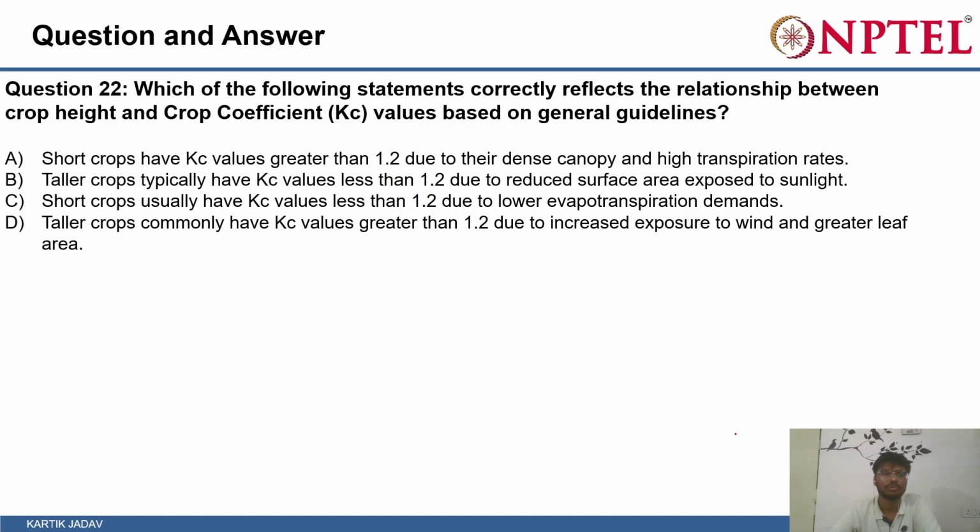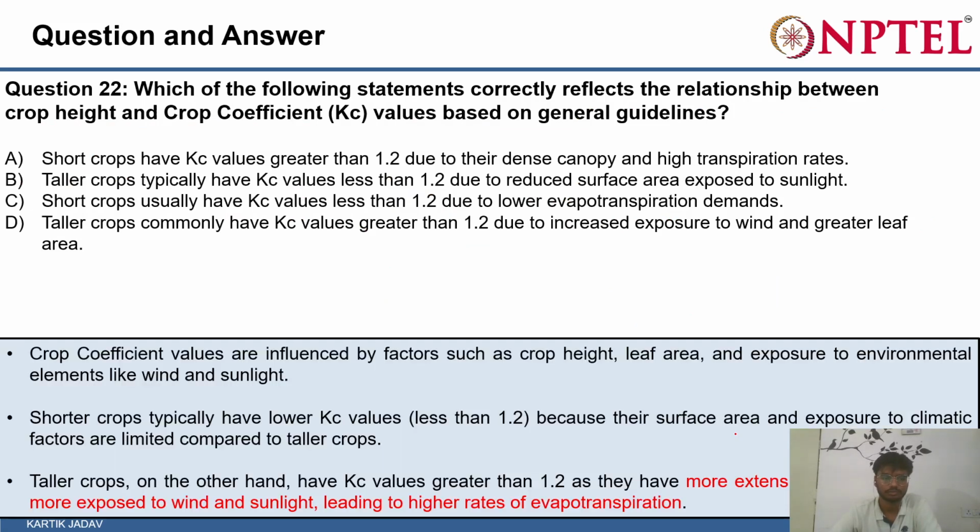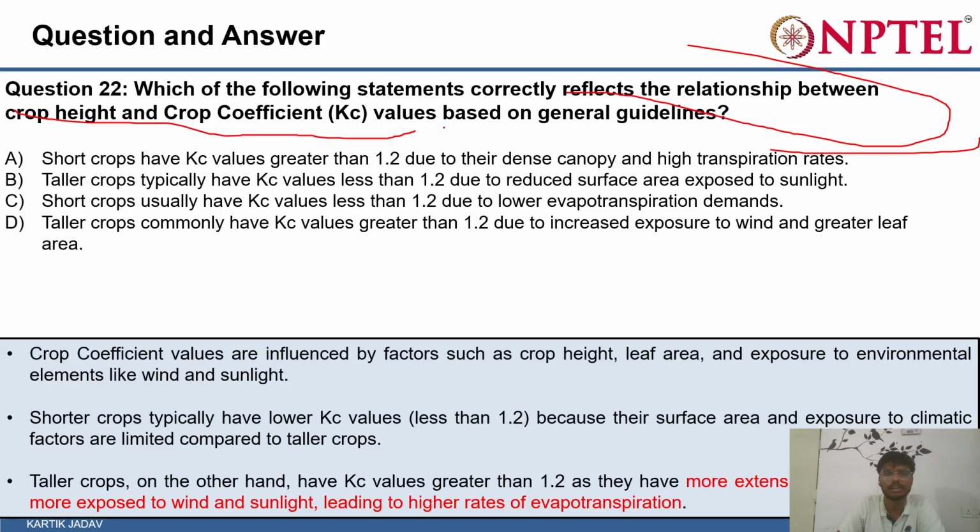Question number 22. Which of the following statements correctly reflects the relationship between crop height and crop coefficient based on general guidelines? We know that crop coefficient values are influenced by crop factors such as crop height, leaf area, and exposure to environmental elements like wind and sunlight.